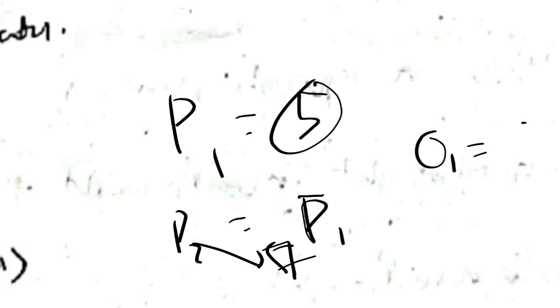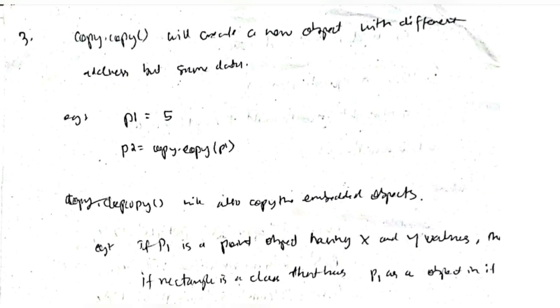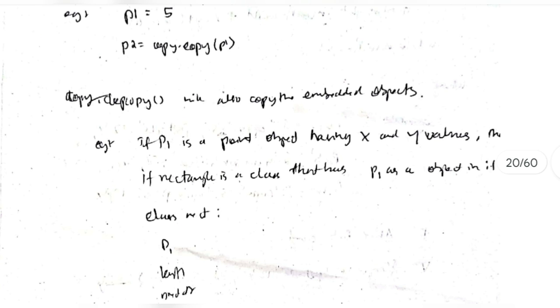If you change p2 to 7, p1 will be the same. The relevance of this is in classes and objects. For objects, if object 1 is pointing to some variable and you do object 2 is equal to object 1, it will point to the same variable. So that was about copy.copy, and coming to copy.deepcopy.